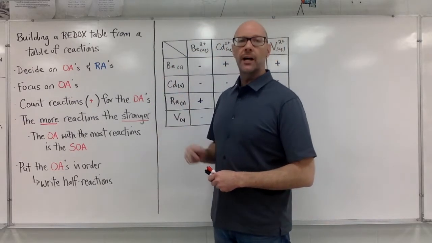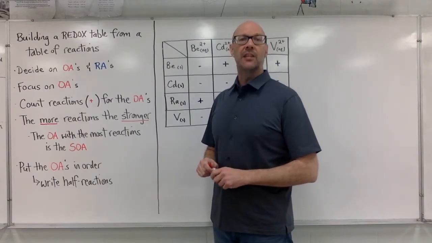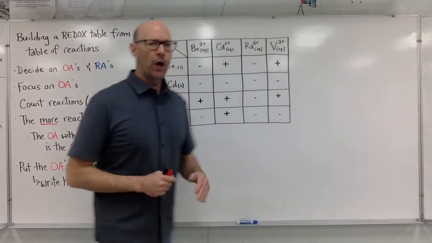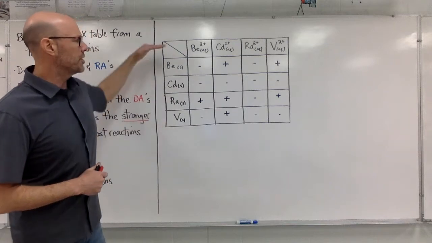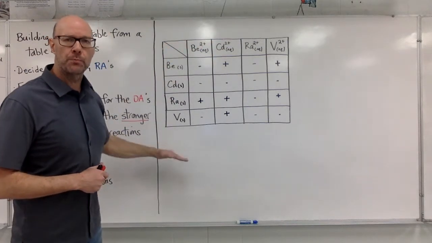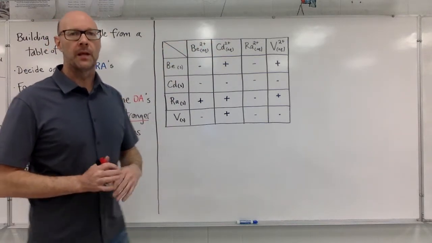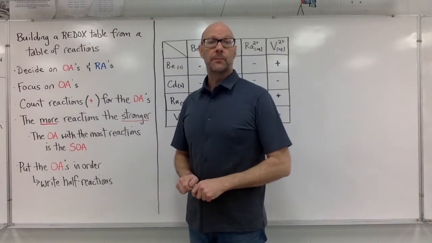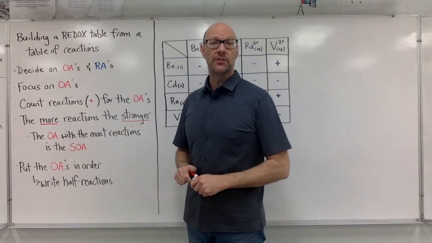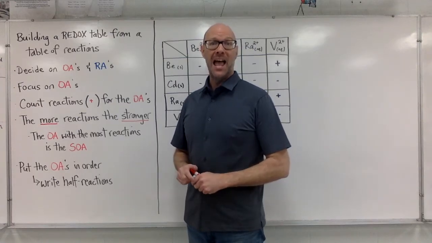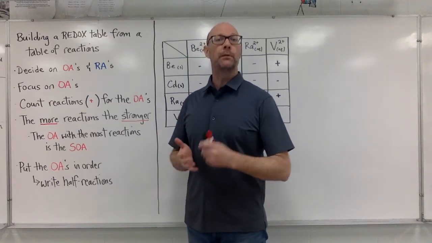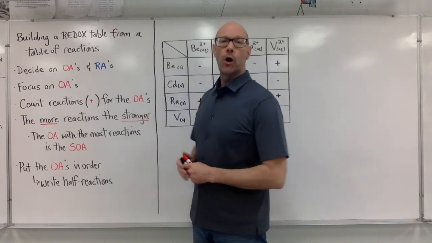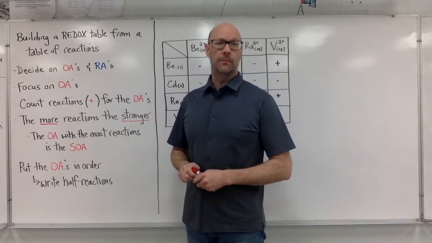First, we're going to decide on the oxidizing agents and the reducing agents. Which part of the table has the oxidizing agents and which part has the reducing agents? Then we're going to focus on just the oxidizing agents and count the pluses for them. The more reactions, the more pluses that we count, the stronger the oxidizing agent.